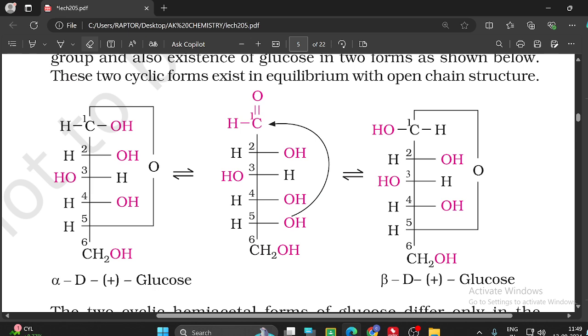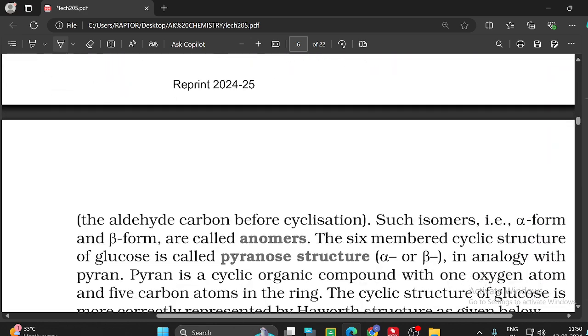This is the first carbon, right? In the first carbon, the position of OH is on the right hand side. Here, the position of OH at the first carbon is on the left hand side. Now, these two structures are called anomers. Anomers are the isomers which differ by the position of OH at the first carbon or C1 carbon atom. Terminal means the sixth position is also terminal only. This is a 2-mark question. What are called anomers? Okay.